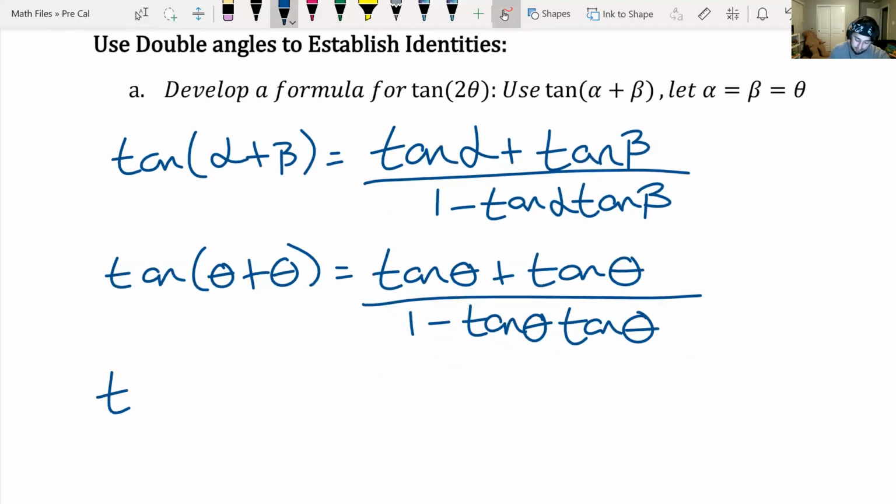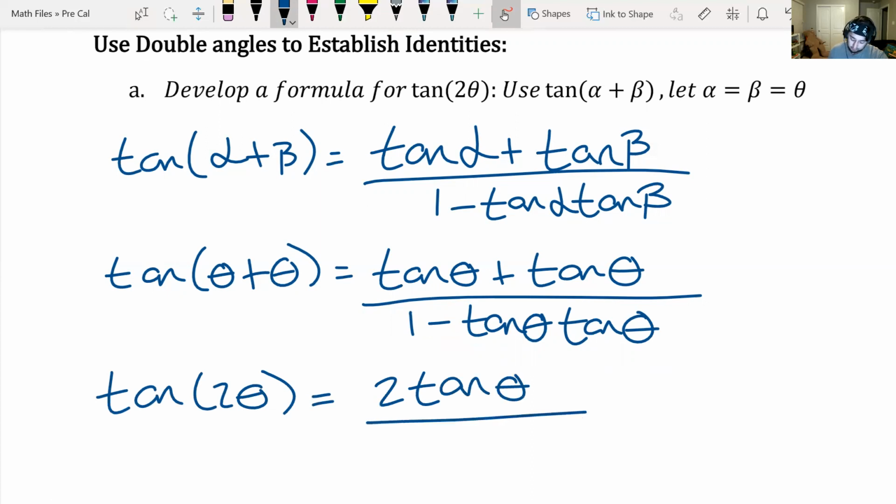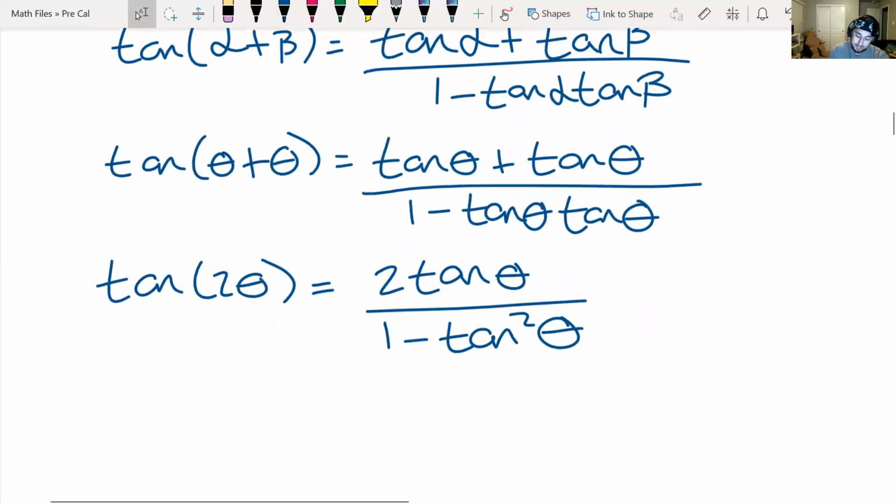And you get tangent 2 theta equal to 2 tangent theta over 1 minus tangent squared theta. There it is, a double angle formula for tangent.